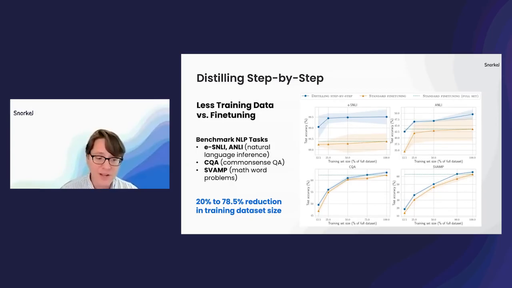So that means you need that much less unlabeled data to actually outperform, in many cases, the same small model if you trained on all of the available data. And that's what this green line is here. And so you're doing much better over standard fine-tuning in both settings.